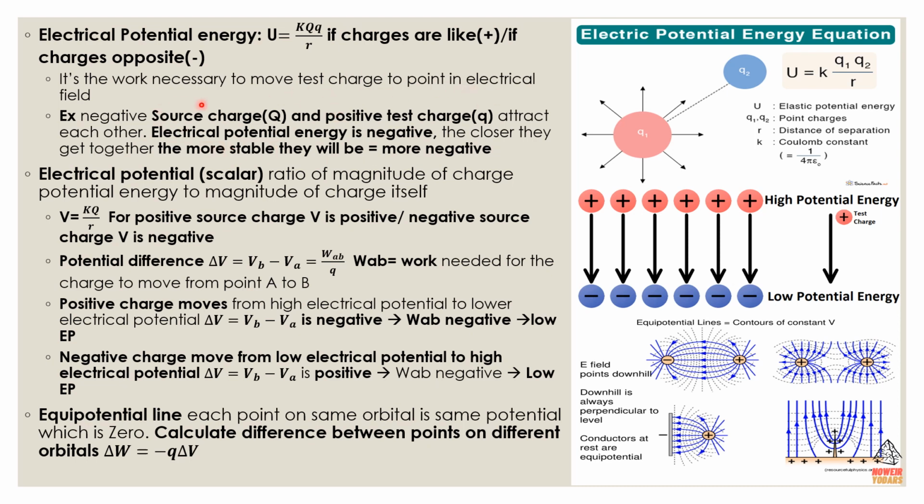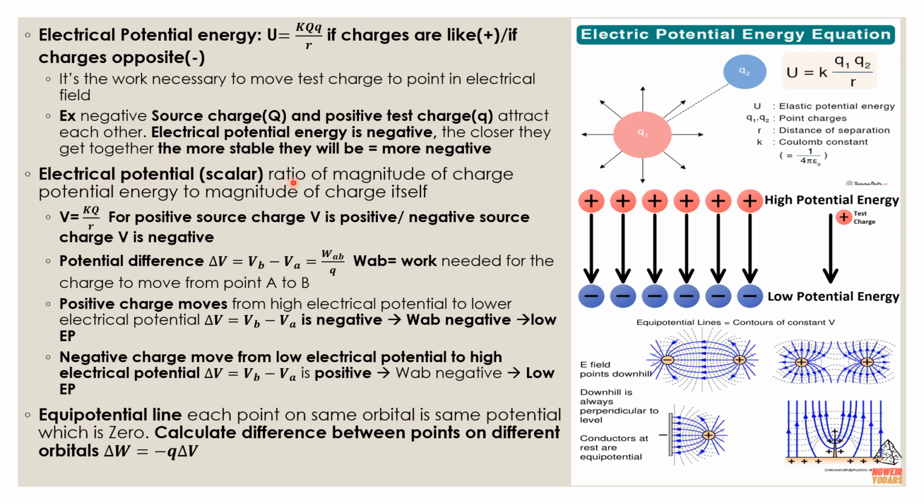For instance, you've got a negative source charge and a positive test charge. They attract each other, and the electrical potential energy is negative because they're opposite, and the closer they get to each other, the more stable they will be and the more negative it will be. The electric potential energy equation is similar to Coulomb's law, except there is no r to the power of 2.